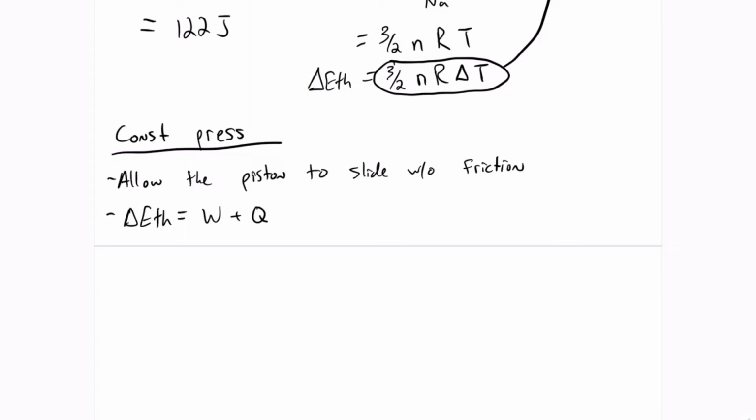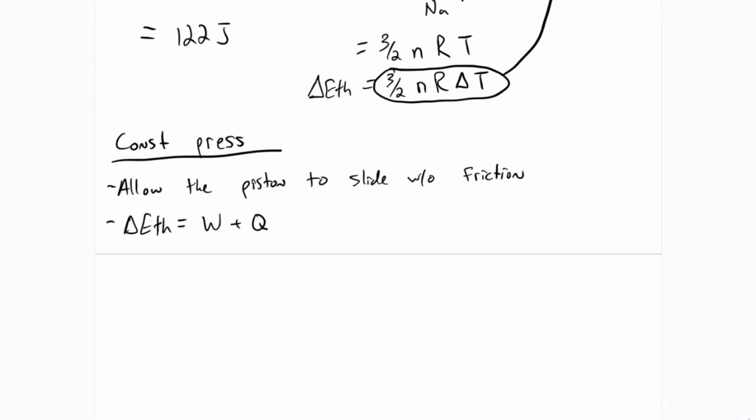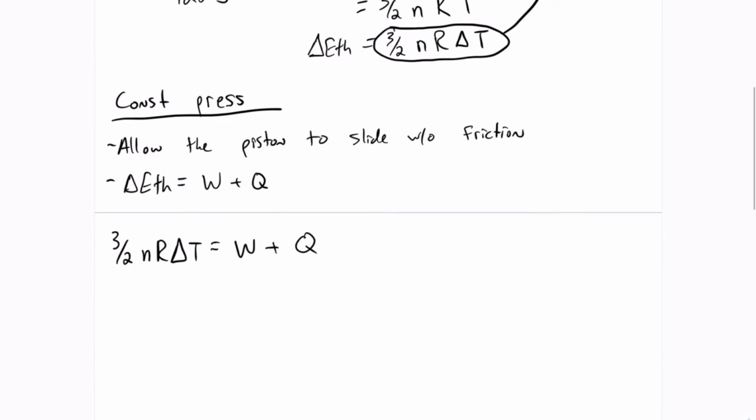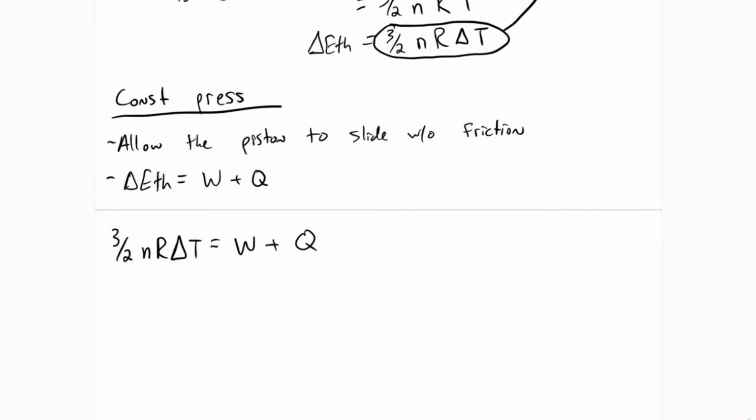Will it be the case that the change in thermal energy will equal 3/2 nR delta T? Yes, it still will. And we have W plus Q over here. So we want to find this Q, but we have this pesky W to deal with.